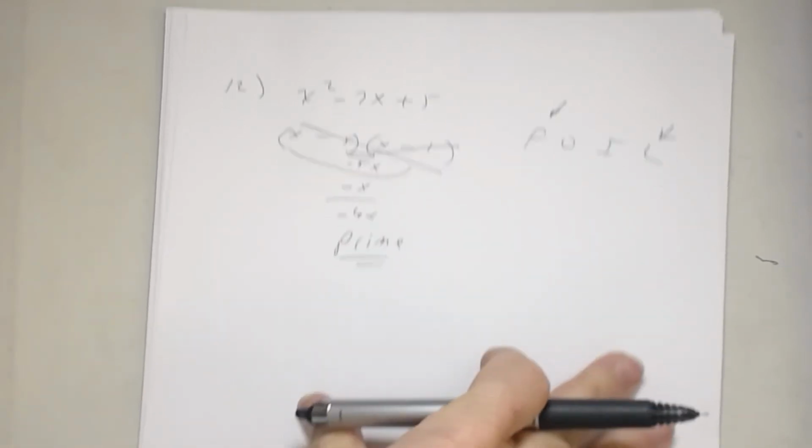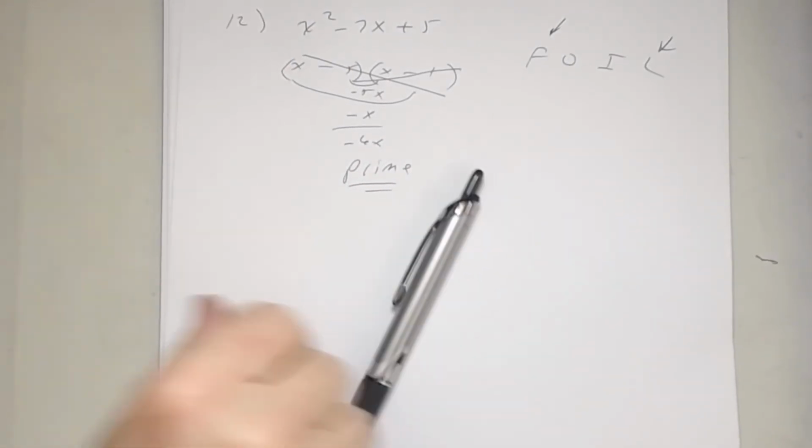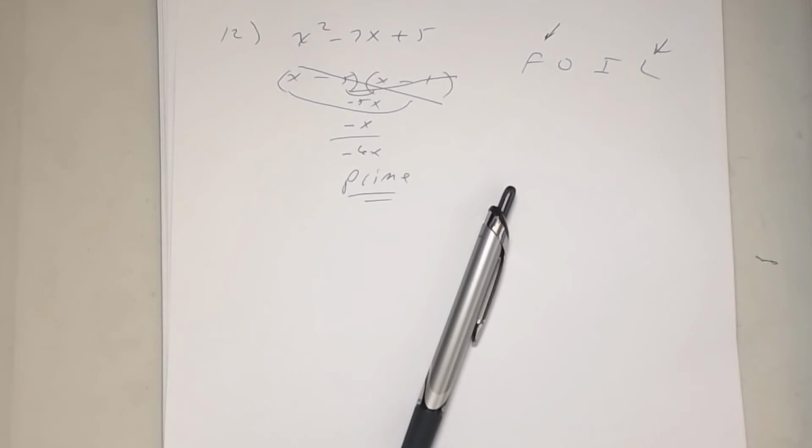So this polynomial is prime, meaning it cannot be factored. On the MyMathLab, you're going to have some that are prime, and I think they're going to use the word prime this time.